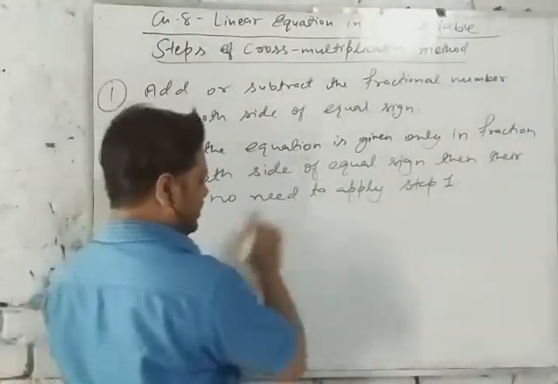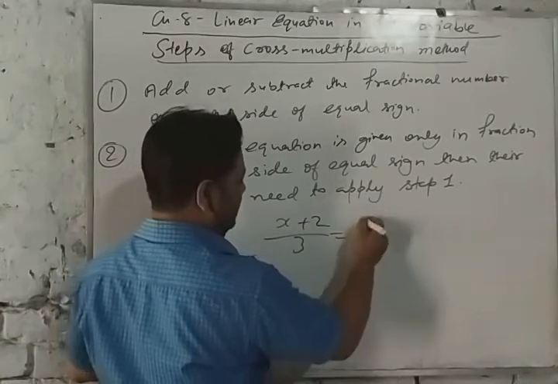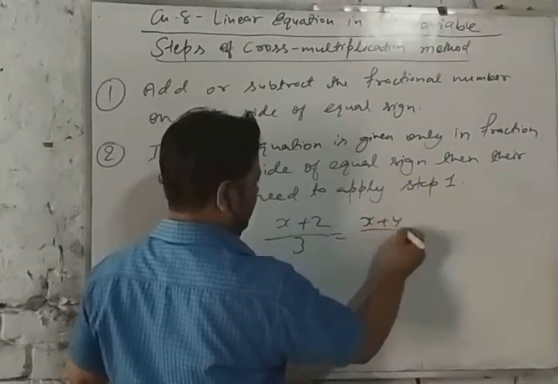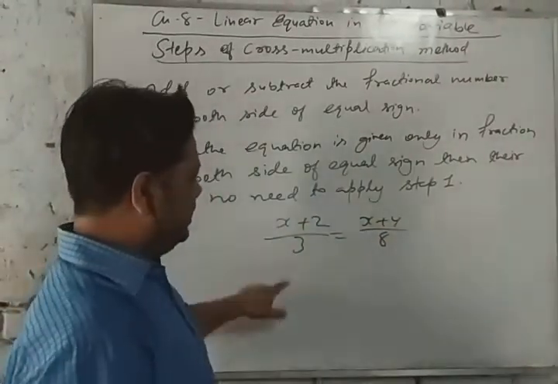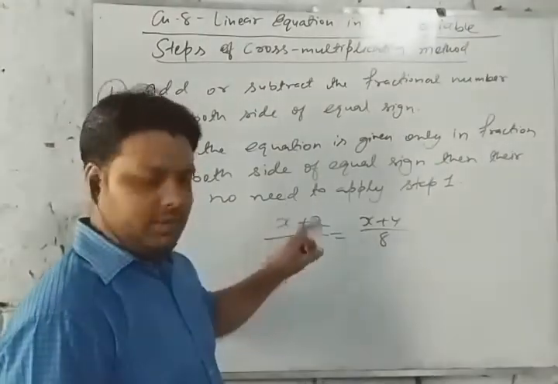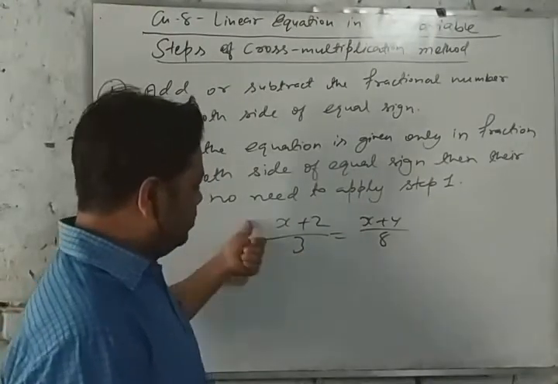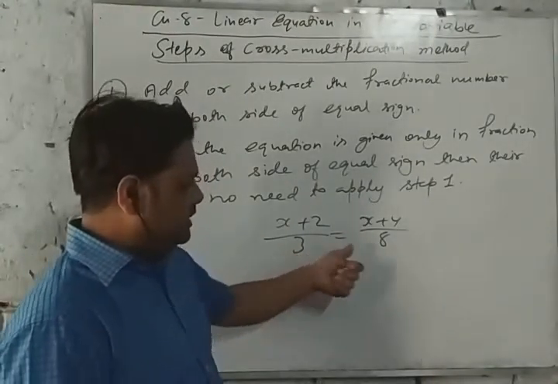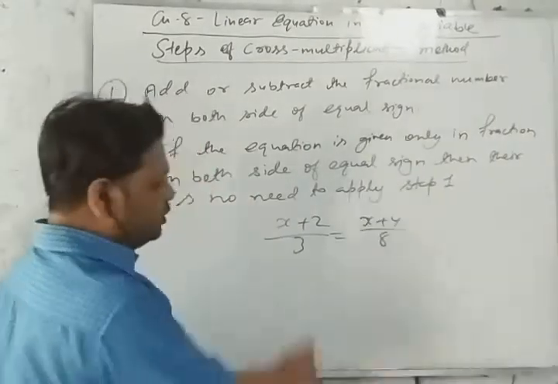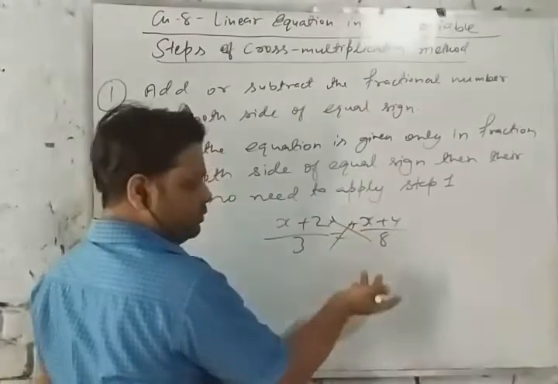For example, if the given expression is (x+2)/3 and (x+4)/8, you can see both are fractions with numerator and denominator given. There is no other fraction in the LHS and the RHS, so there is no need to add or subtract. Directly we will use cross multiplication to solve.